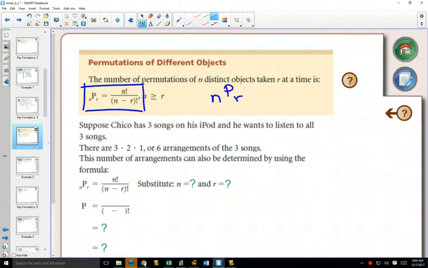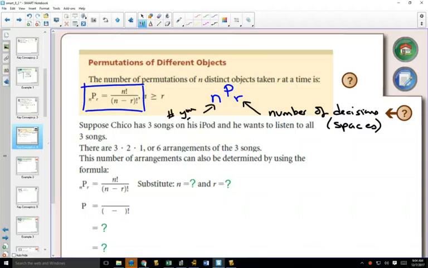So when we're looking at this formula, the nPr formula, the r stands for your number of decisions, or your number of spaces, if we're going to use that language. And that first n is your number of choices that you start with. Exactly.